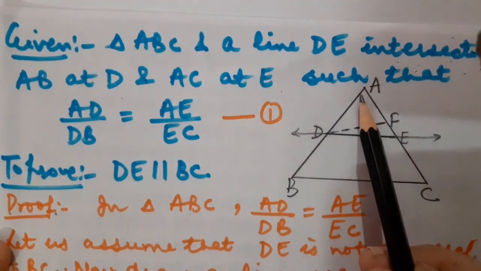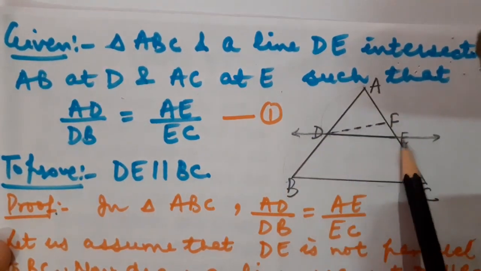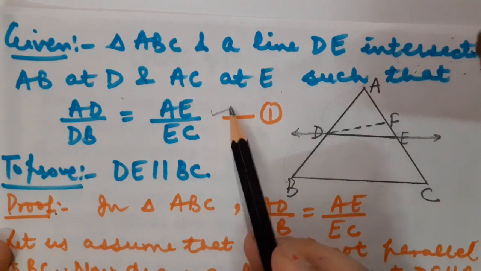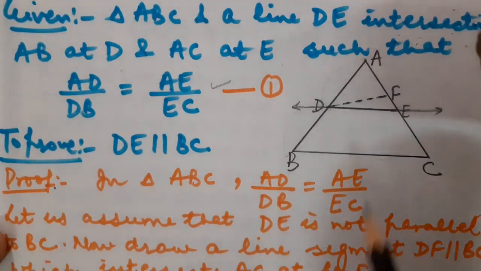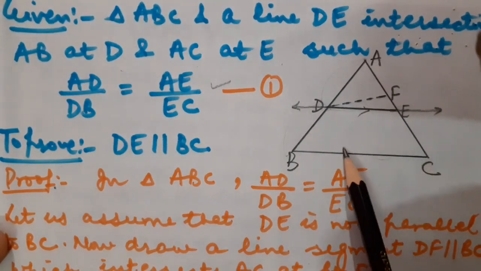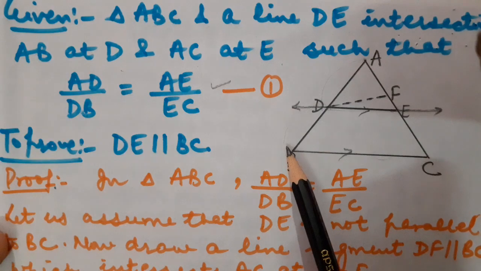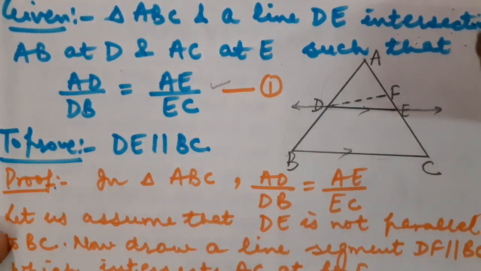So what is given? AD upon DB is equal to AE upon EC. This is given to us. And we have to prove that DE is parallel to BC, which was given in BPT. Now it's in converse.